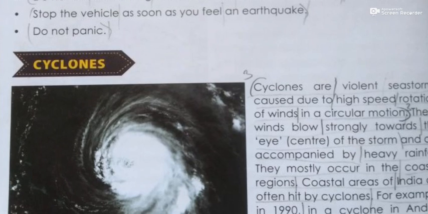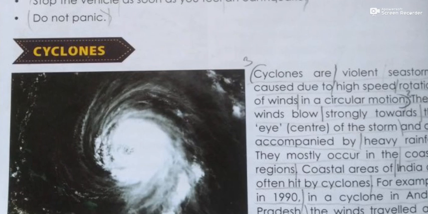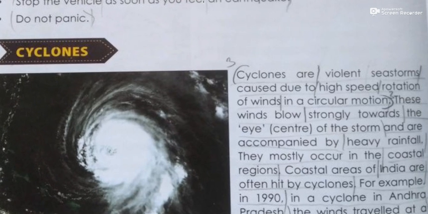If we are traveling by lift, we have to get out of the lift immediately. Most importantly, we should not panic or be in confusion or fear, because it is a natural disaster, but we have a lot of precautions and solutions, so there is no need to panic.